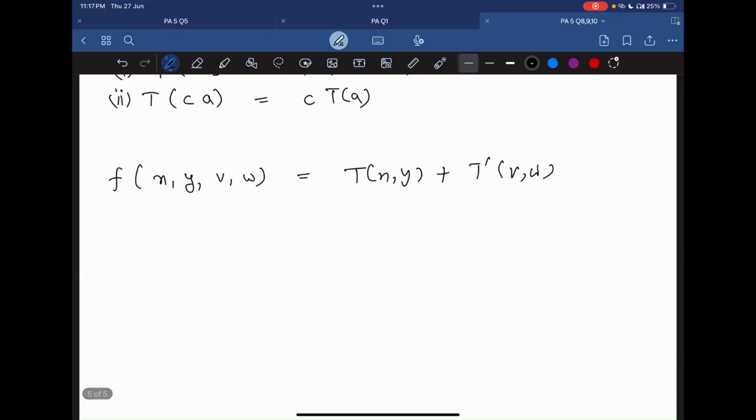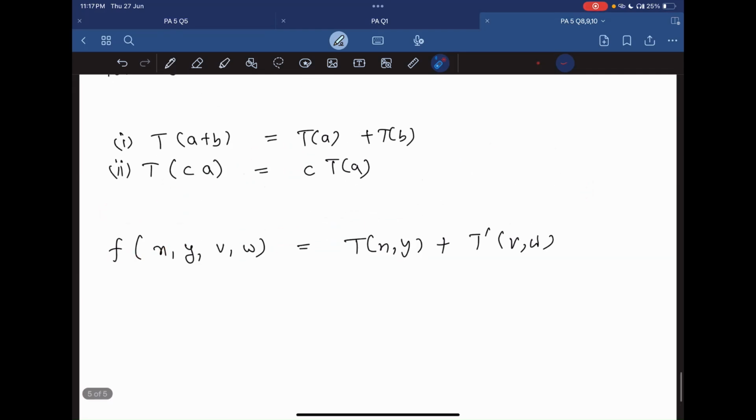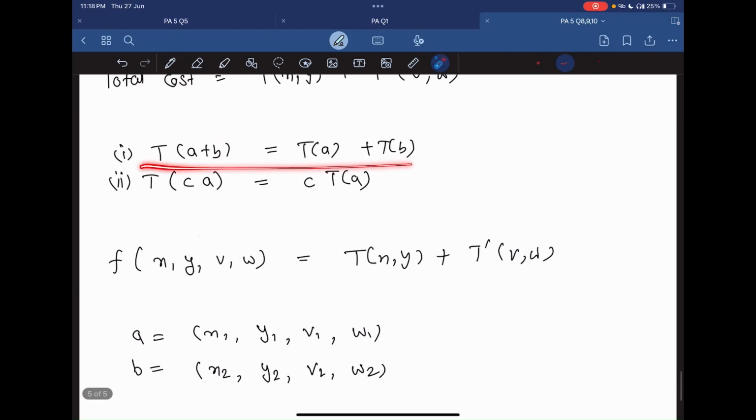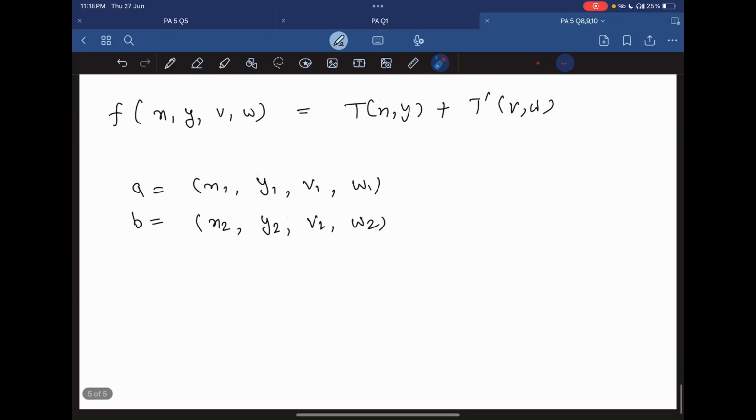So let's try checking whether this is a linear transformation or not. For that, first we check for this property. So consider two vectors, let's say a to be our x1 comma y1 comma v1 comma w1, and b to be our x2 comma y2 comma v2 comma w2. So what we have to check is T of A plus B equal to T of A plus T of B. So here it is our f.